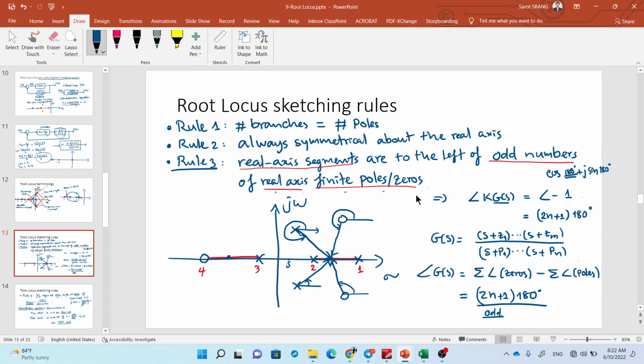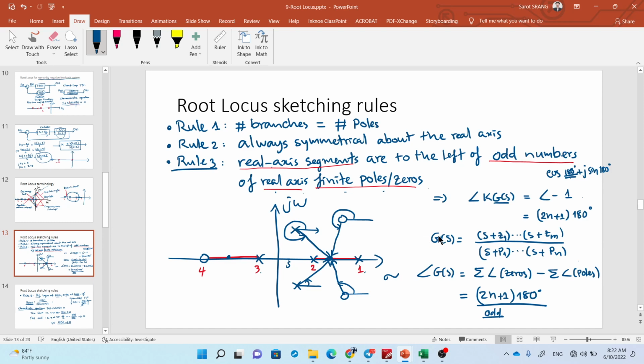So if you have poles and zeros on the real axis, you label them 1, 2, 3, 4, 5 from right to left. Real axis segments must be located on the left of odd numbers: on the left of number one, on the left of number three. If you have number five, a real axis segment can be located on the left of number five too.